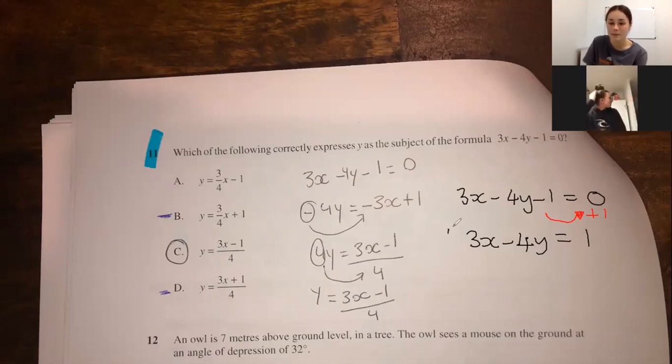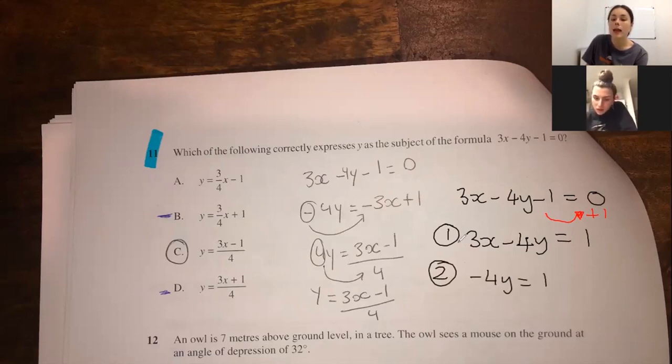Yeah. And then I would get rid of this 3x. So it'd be negative 4y equals 1, and then it would be minus 3x. Is that cool? Yeah. Because what did we do? We took 3.